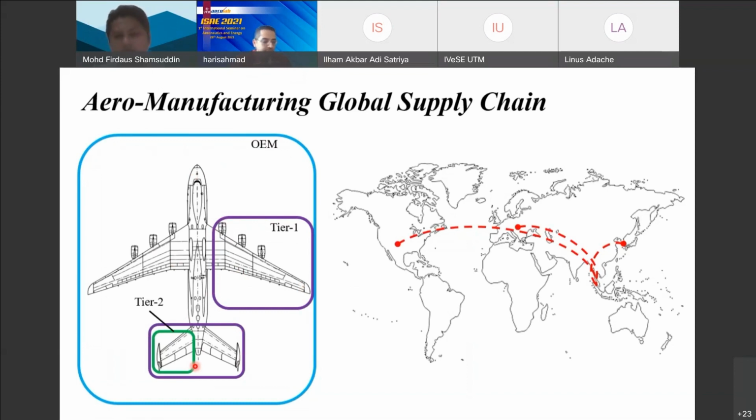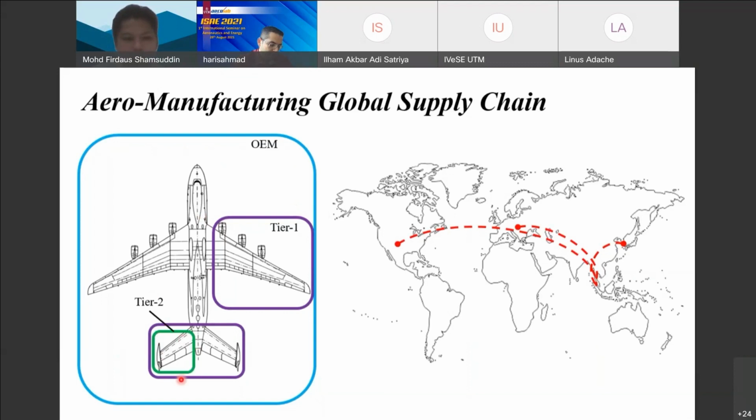But the package is very big. So instead of manufacturing the whole section by themselves, the tier one supplier will further break down the section into smaller packages, and these will be subcontracted to a tier two supplier.